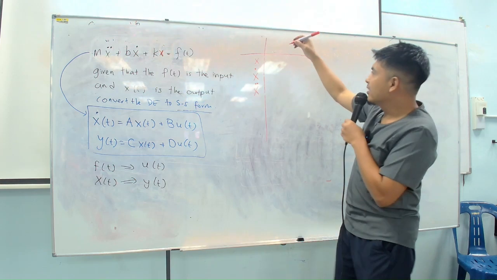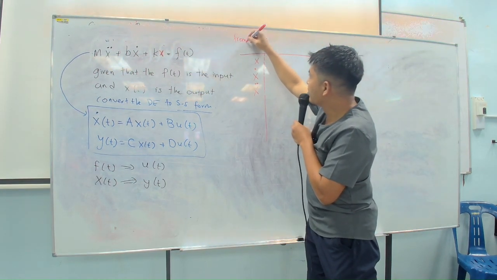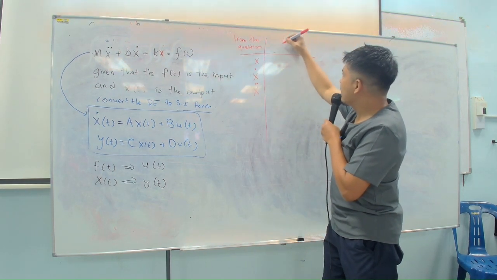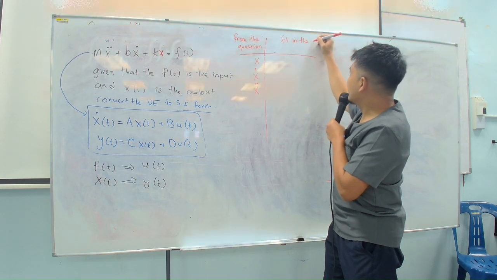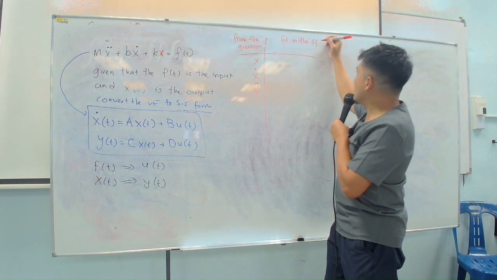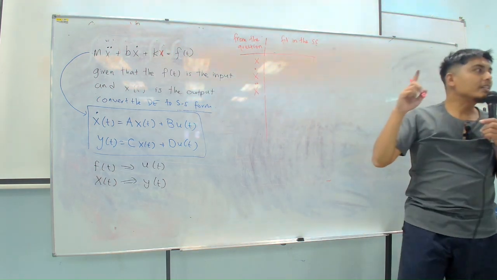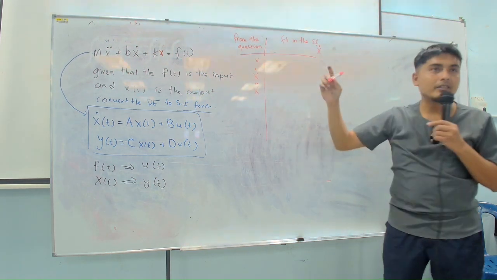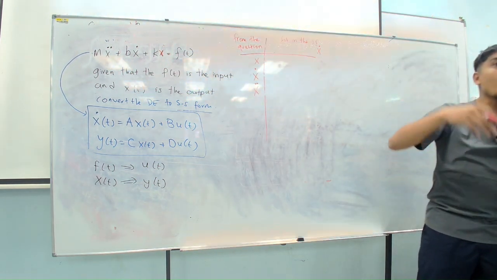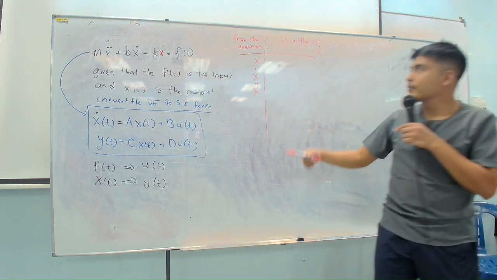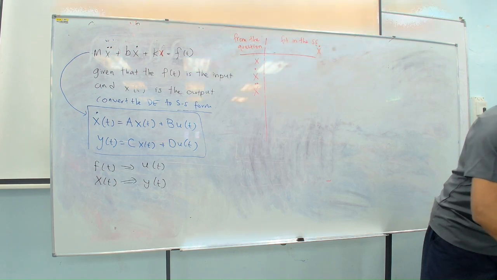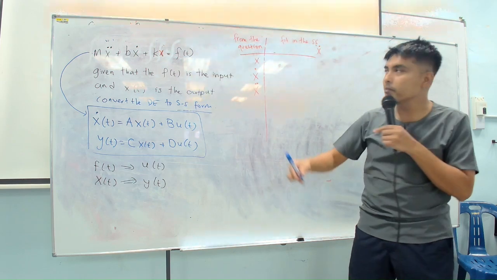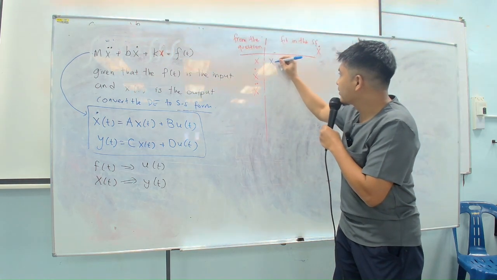So our task here, this is from the question. Now we want to fit it in the state space. If we want to fit in the state space, we need to make sure the highest x should only have one dot only. We will not allow more than one dot. So what you can do, you can name anything that you like, no problem, x as x1.